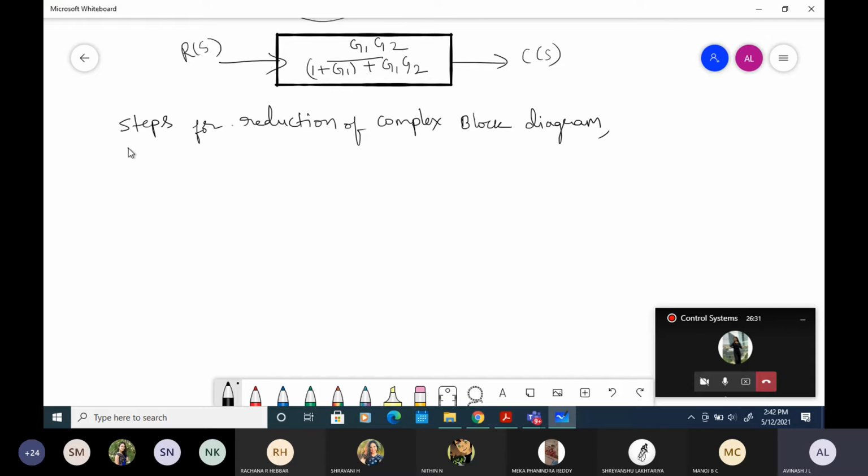Step number 1: what is the first step saying? Combine all blocks in series. Okay, so cascade.